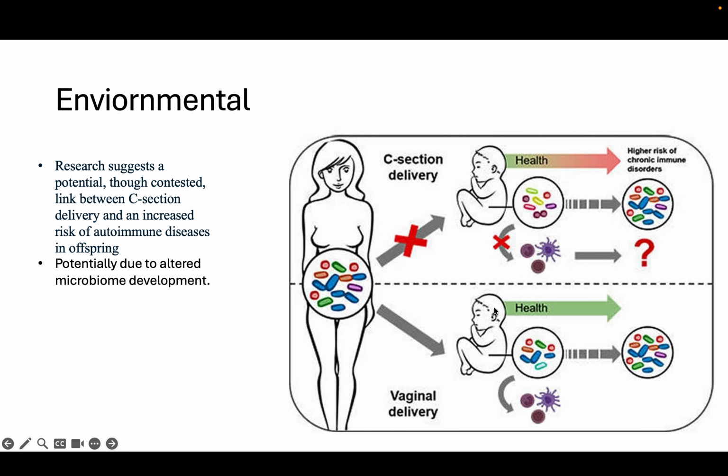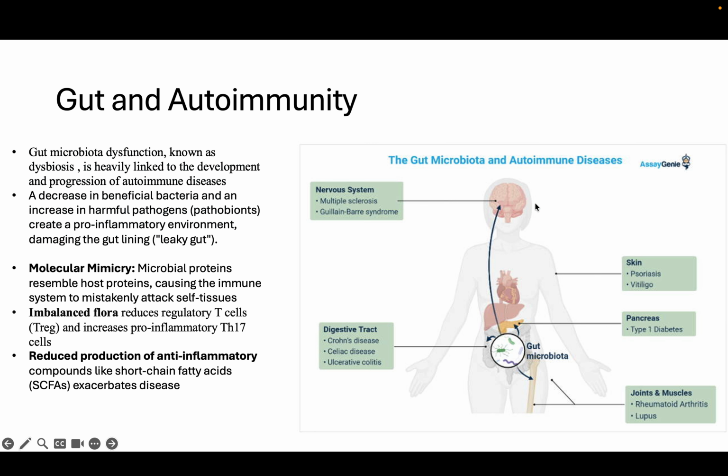Sometimes in this kind of scenario, you are colonized with bacteria that are much more pro-inflammatory. Because they're so pro-inflammatory, they make your gut lining much more damaged, and you create something called a leaky gut.